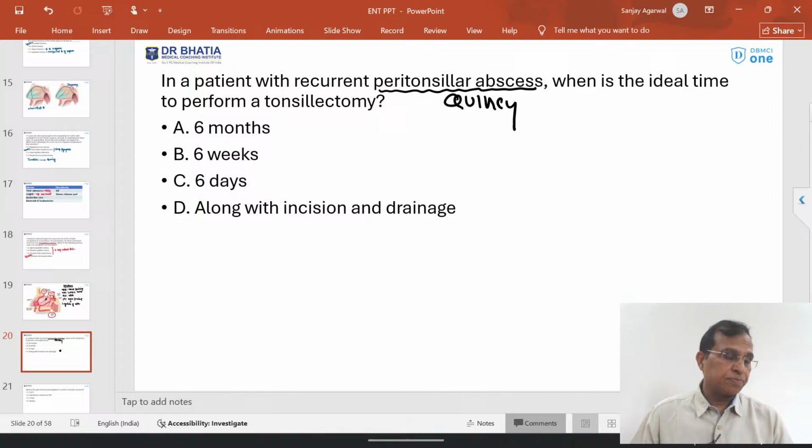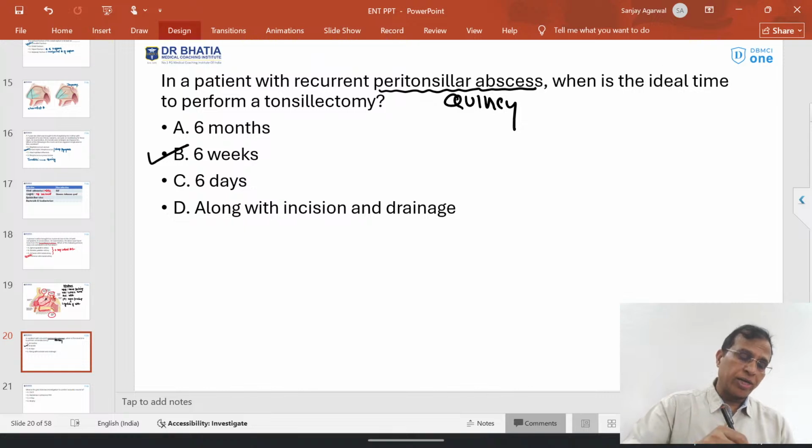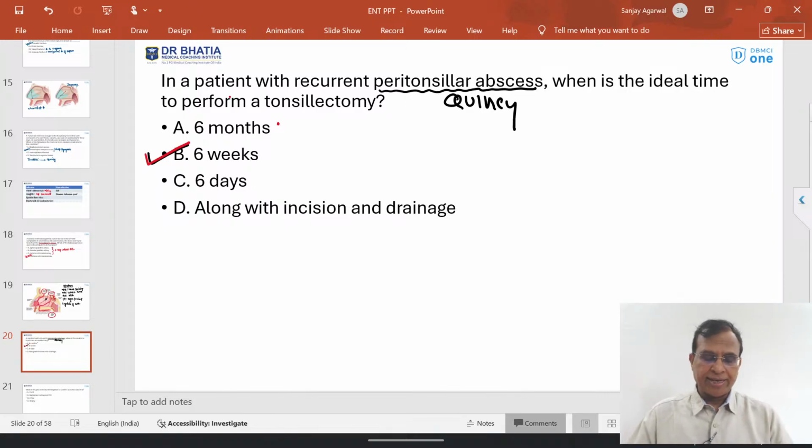Okay, 6 weeks. Yes, in this case, 6 weeks. I already told you, Hana, in one of the previous questions, that in Quinsy we do immediate incision and drainage, and interval tonsillectomy is a tonsillectomy done after 6 to 8 weeks. 6 weeks is the correct answer. 8 weeks is also a correct answer. If you have to select one of the two, 6 is a better answer.